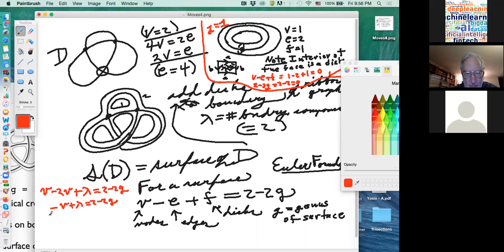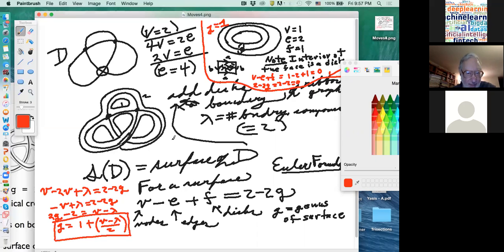Or maybe better, 2G minus 2 equals V minus lambda. Or G, therefore, is equal to 1 plus (V minus lambda) divided by 2. So this allows me, if I have a virtual diagram, let's do an example.